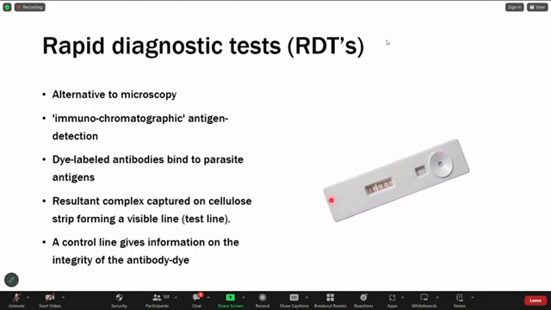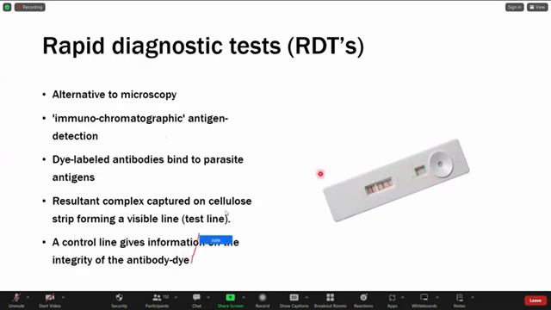But these RDTs employ the principle of immunochromatographic antigen detection, where dye-labeled antibodies bind. They are embedded in this cassette on a cellulose strip. They bind to antigens, malaria antigens, if they are present in a sample that is put into the cassette.